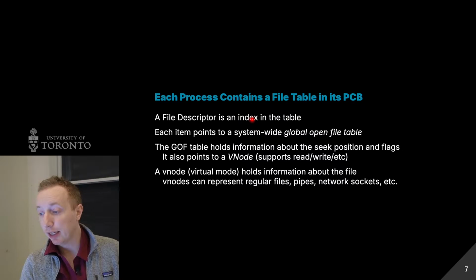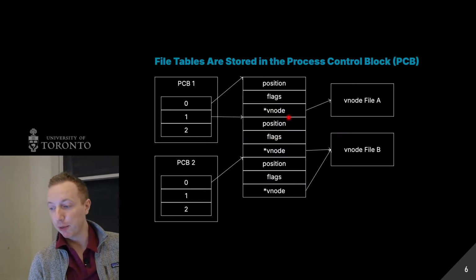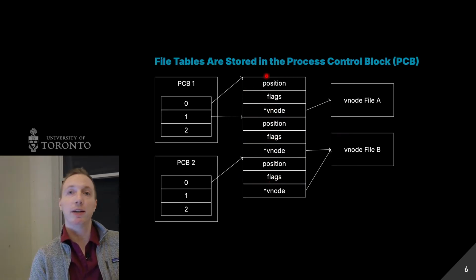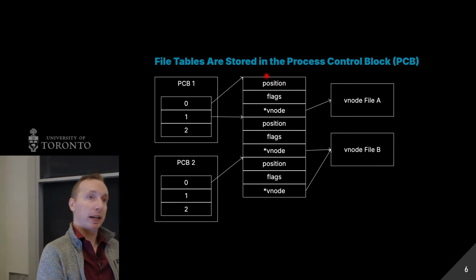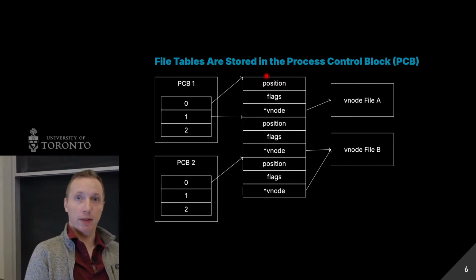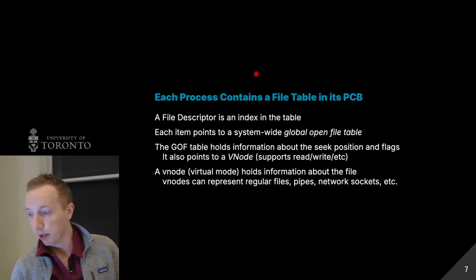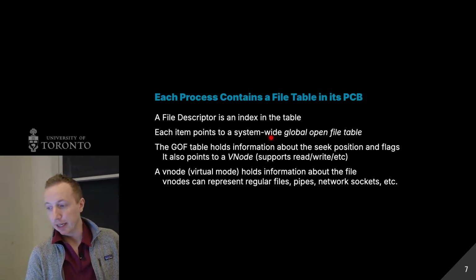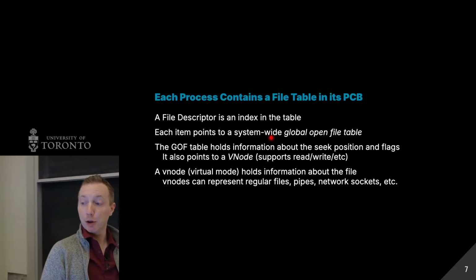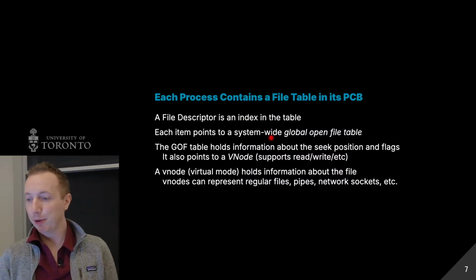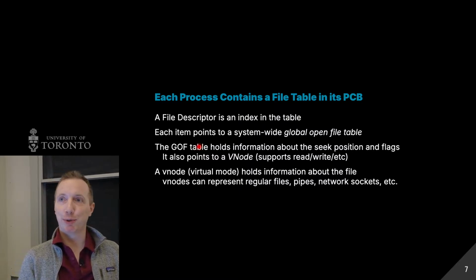And each item points to this system-wide table. So this thing in the middle here, that whole table, is managed by the kernel. It is a global table that the kernel is just managing. It's called the system-wide global open file table. They shortened it to GOF.